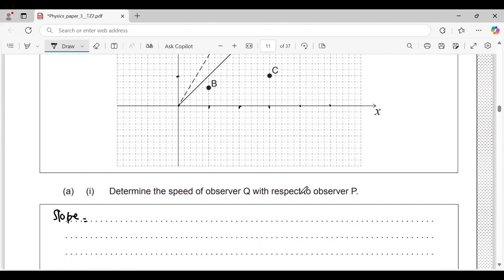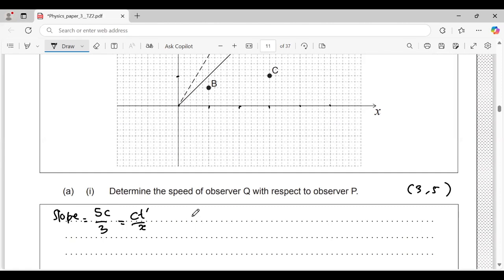Slope, 3.5, y over x, it means 5 ct over 3 is equal to ct' over x, like that.